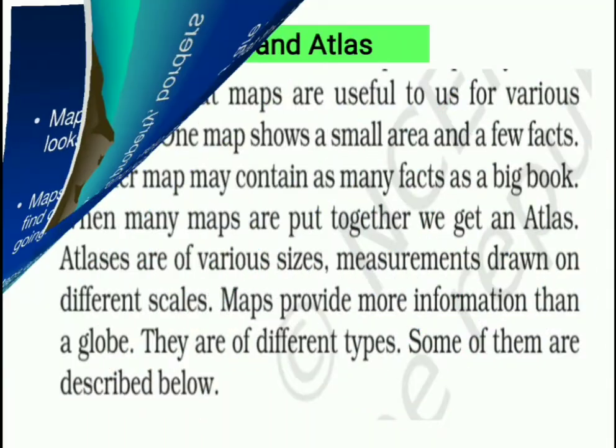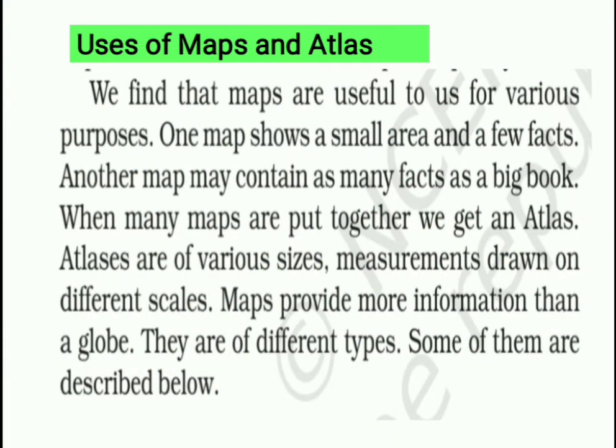Next we go through the uses of maps and atlas. So we find that maps are useful to us for various purposes. One map shows a small area but few facts.